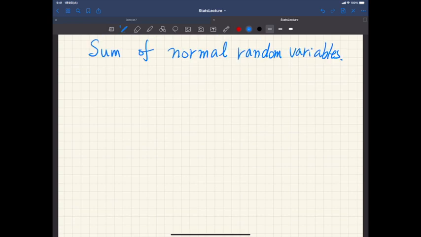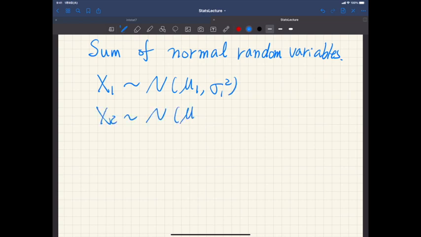Now let's see one of the most outstanding properties of the normal distribution. Suppose we have a random variable x1 which follows the normal distribution with mu1 and sigma 1 squared, and x2 that follows another normal distribution with a different set of parameters. Then define y as x1 plus x2.